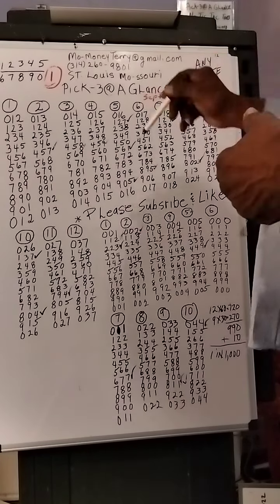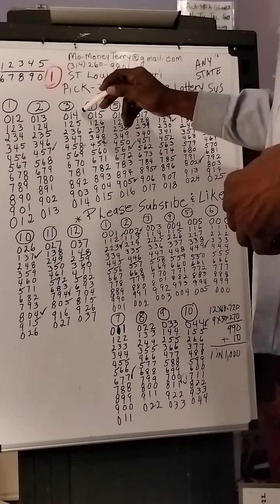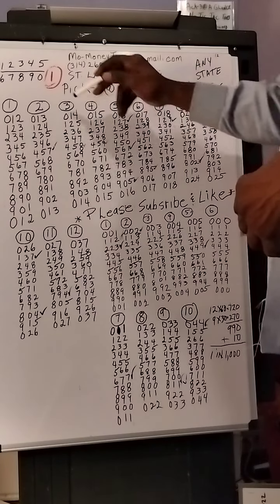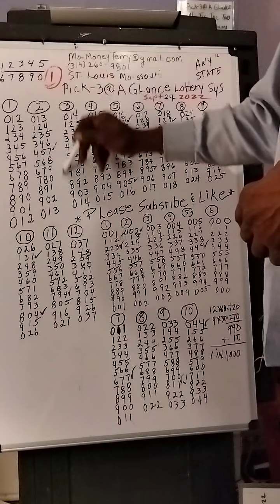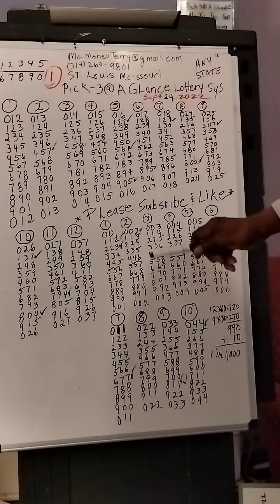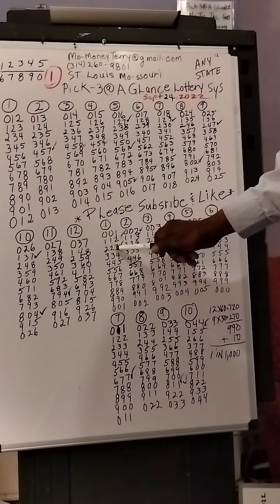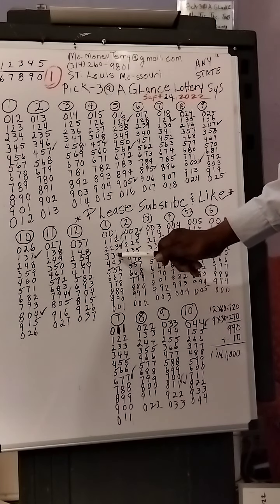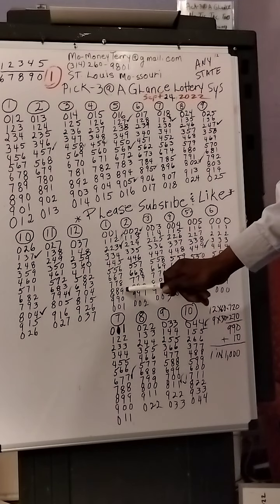What makes that so powerful is that in each of these columns, the mirror is in it. Let's take the number that came in today, which is the 223. The opposite of it is 778.